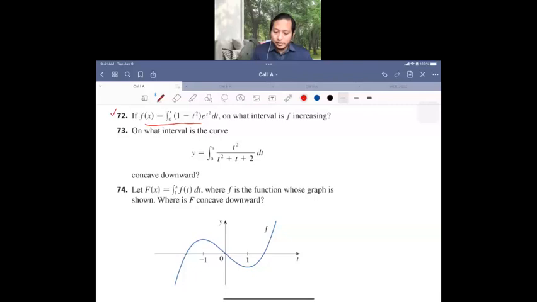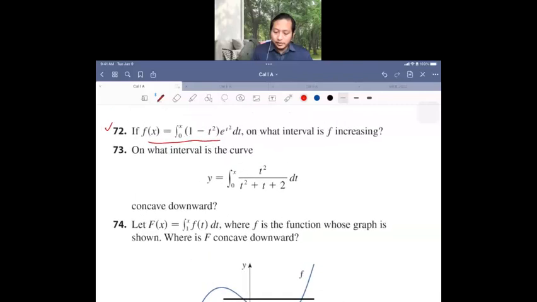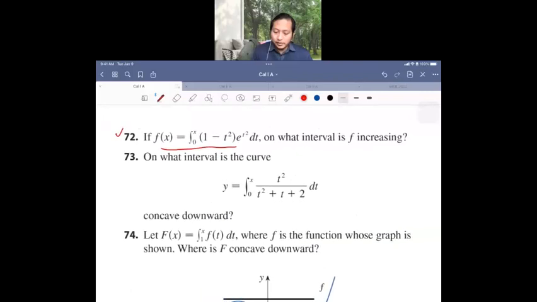How about, okay, 73, okay. 73. On what interval is the curve, this is the curve, on what interval is the curve concave downward?